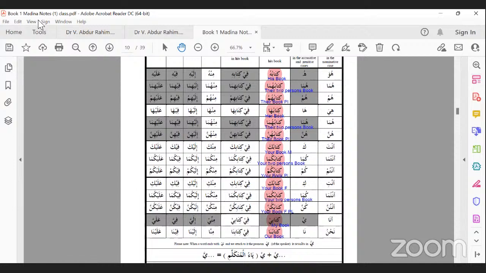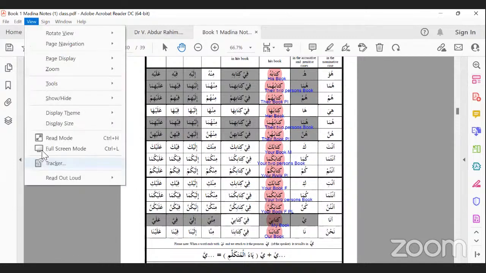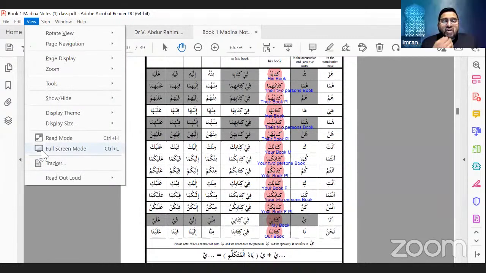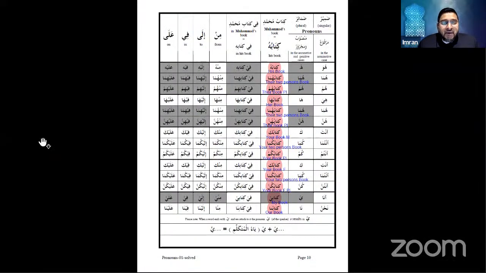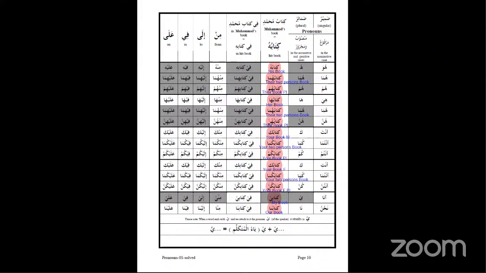Bismillahirrahmanirrahim. Qalamuhu, qalamuhuma. Also, can you translate as well? This will allow you to memorize it and learn it properly. Qalamuhu, his pen. Qalamuhuma, their pen. Qalamuhum, their pen, for plural.